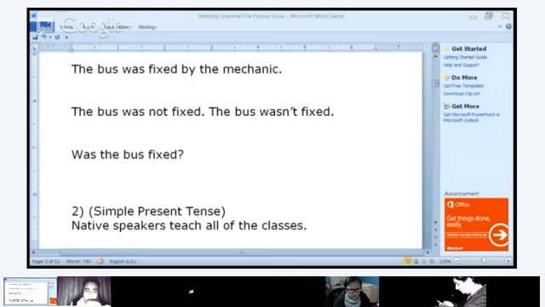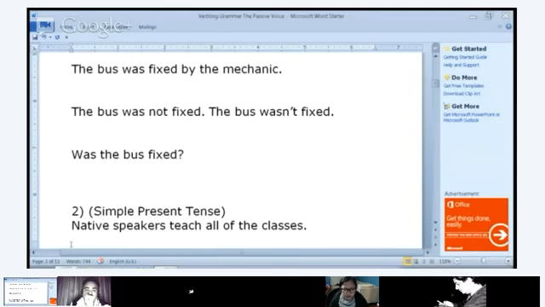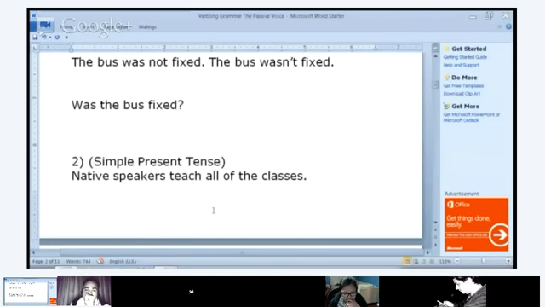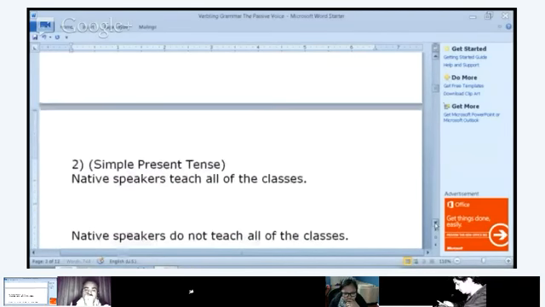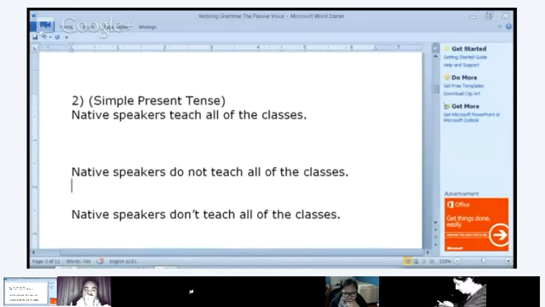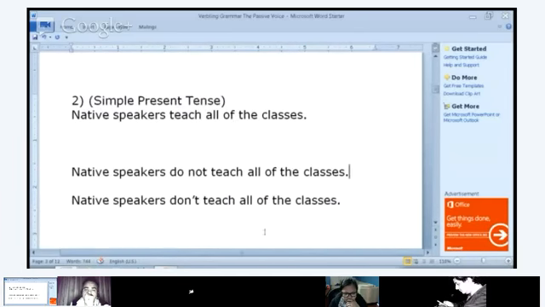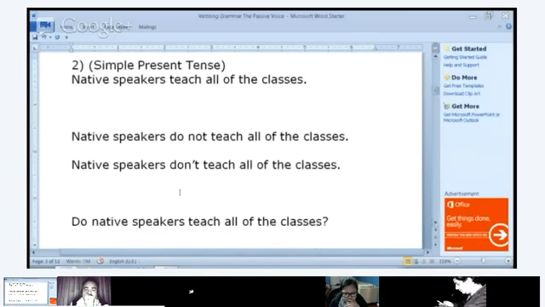That's looking good. Let me share with you what I had. So these are the three here, and I'm just going to move that ahead so I can display them on the same screen. So native speakers teach all of the classes, native speakers do not or don't, and then native speakers do. Do native speakers teach all of the classes?